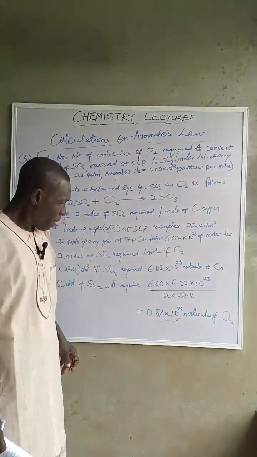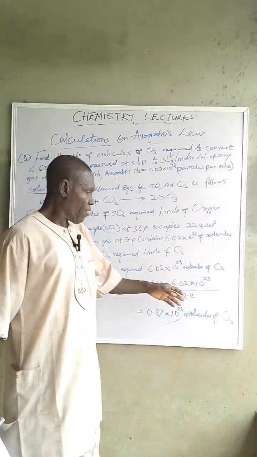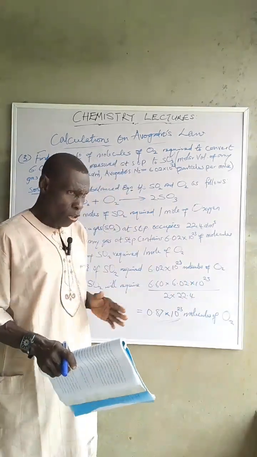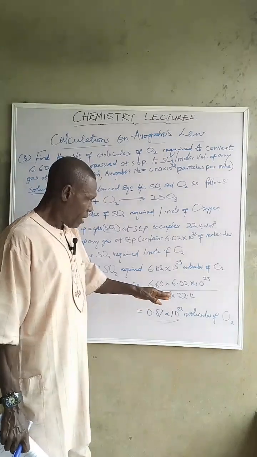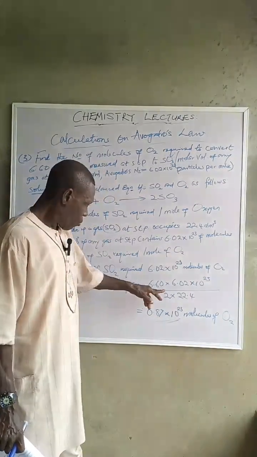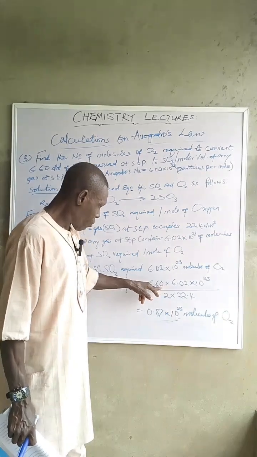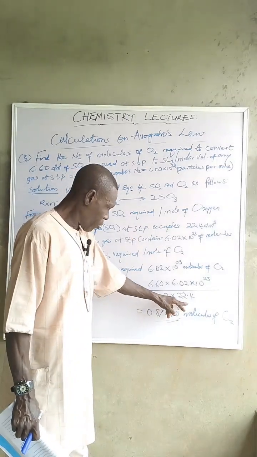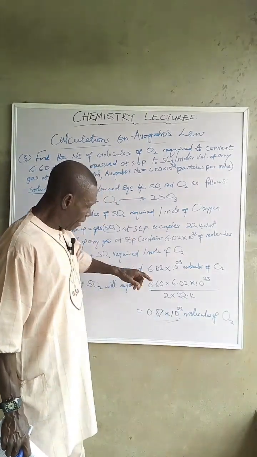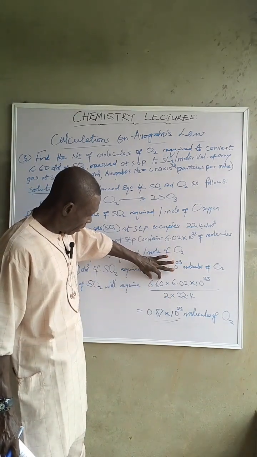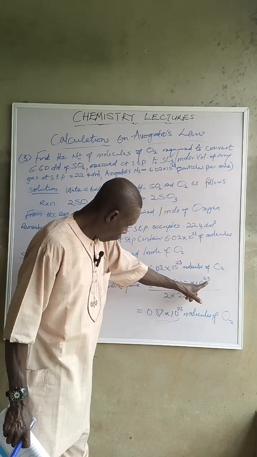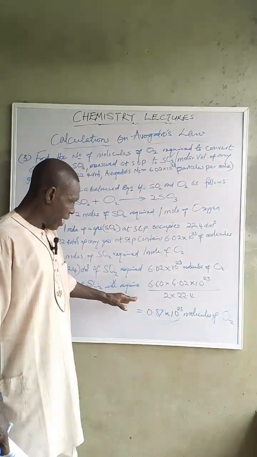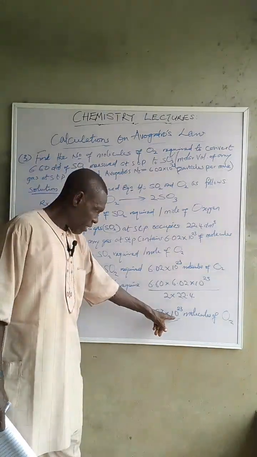Now, if you are using a calculator, you go to exponential. But the short form is to keep this as a constant. Work these two, keep it somewhere. Divide the result of this by this, forget about this one yet. And then multiply whatever you have by 10 to the power 23.